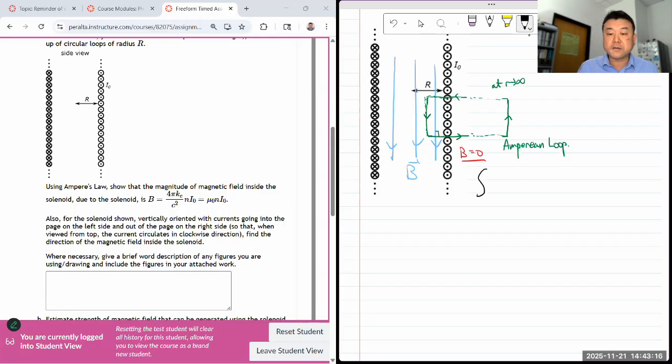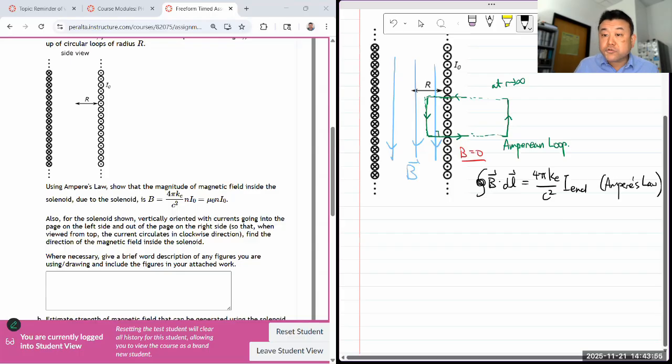Ampere's law says that the integral of B dot dl around the closed loop, this is a required part of Ampere's law, that's why I had to close it, is equal to, and you can write it two different ways: either 4 pi, Coulomb constant divided by c squared, times I enclosed, or you can use mu naught I enclosed. So this is Ampere's law.